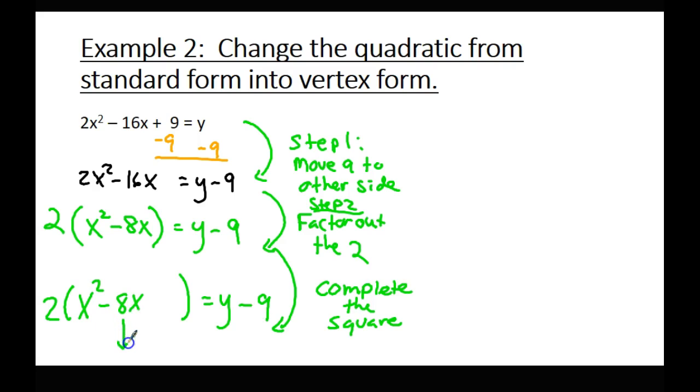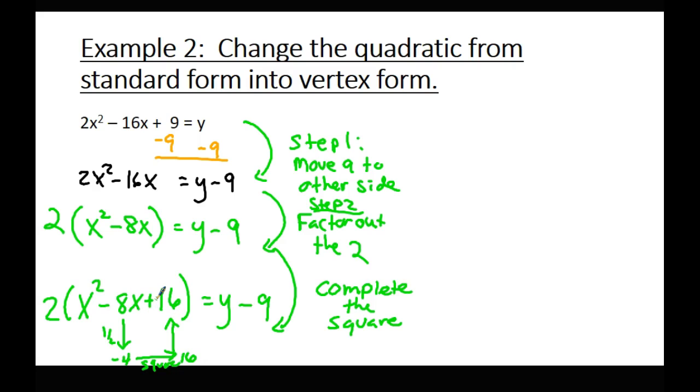We're going to take half of 8, which is what? 4. And then we're going to square it. Take good notes, right? Because if you don't have this on your paper, a week from now, you're going to be like, where'd that 16 come from? So it is 4. You're right, John. And if I square it, what do I get? 16.